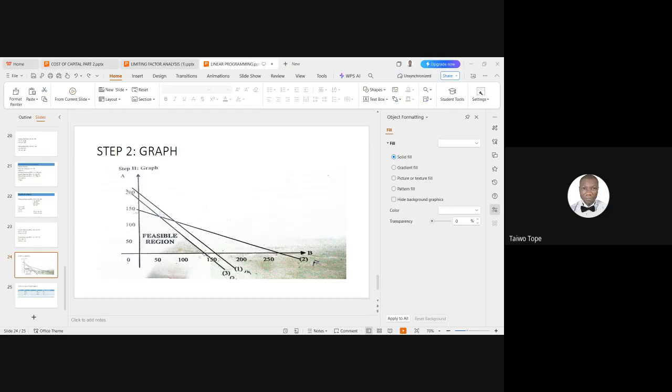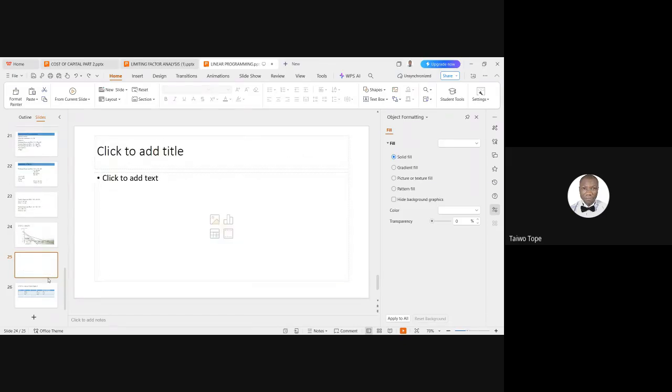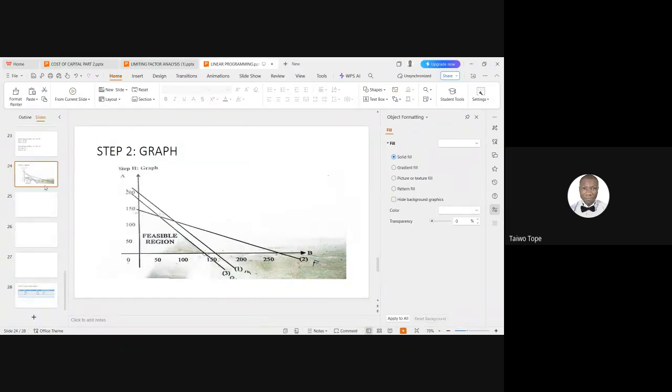So we use these points, the contribution, to determine the total contribution at each point. But take note, I said there is an issue with my graph, but still we can solve. So we have a solution table to determine the total contribution on each of those points.